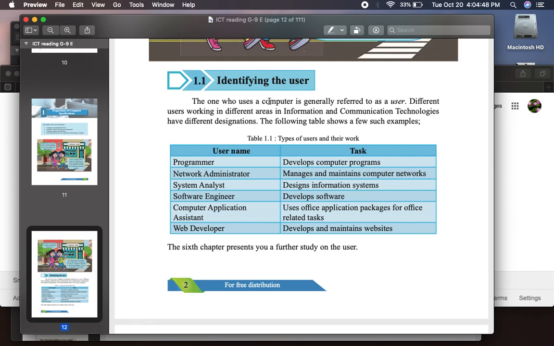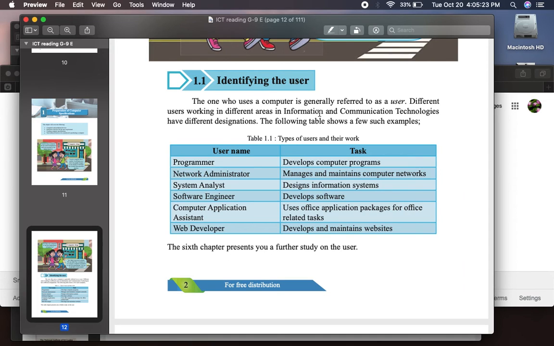The one who uses a computer is generally referred to as a user. So remember the topic, identifying the user. So whoever uses a computer is generally called or referred to as a user. Different users working in different areas in information and communication technologies have different designations.